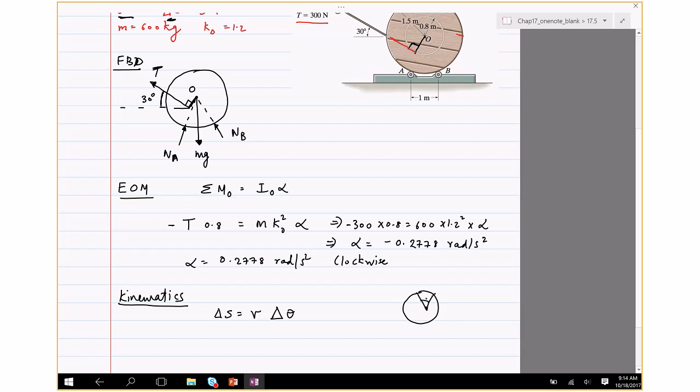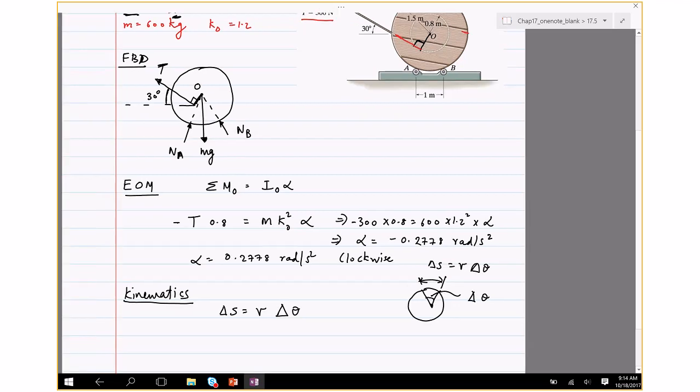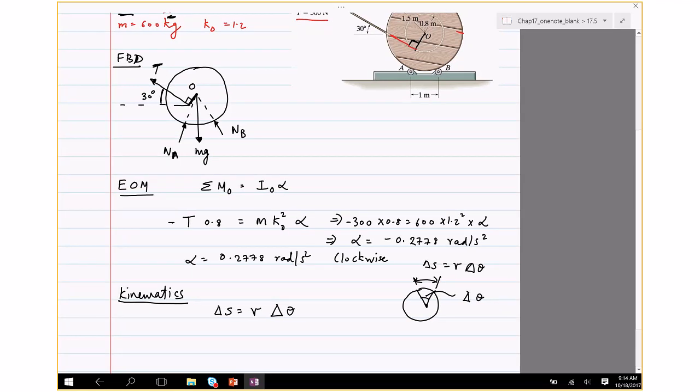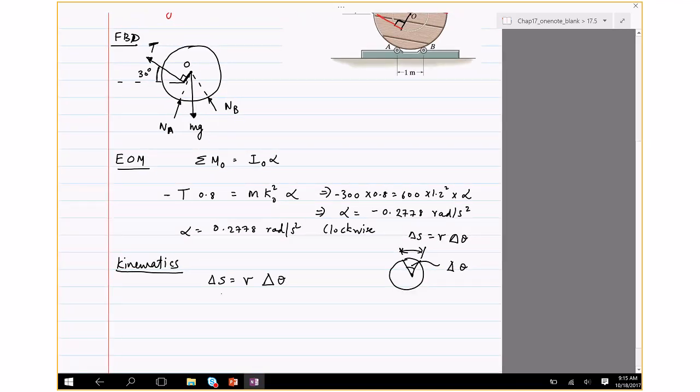If this is theta, then this is the arc length, delta s. As you unravel the spool, the length unraveled is equal to the arc length. So given that, I can now find delta theta.